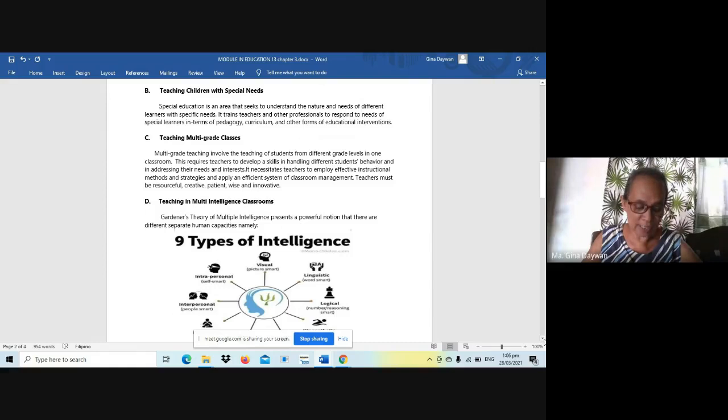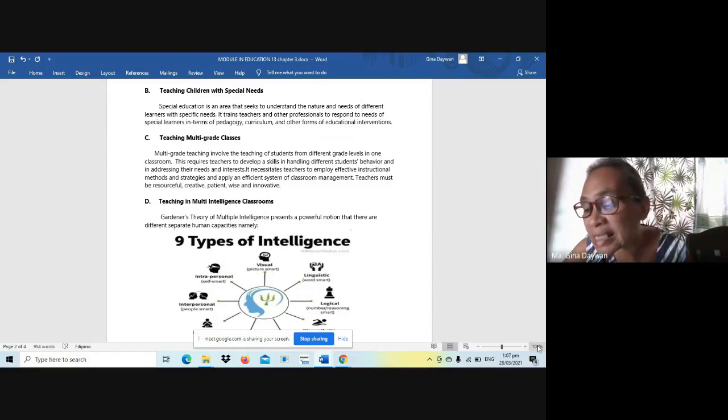This requires special training in the field of special education. A special education teacher needs to have deep devotion, commitment, and passion to teach special learners. They need to work closely with co-teachers, parents, and other professionals in order to understand the nature, behavior, and needs of their learners. So that is teaching learners with special needs.